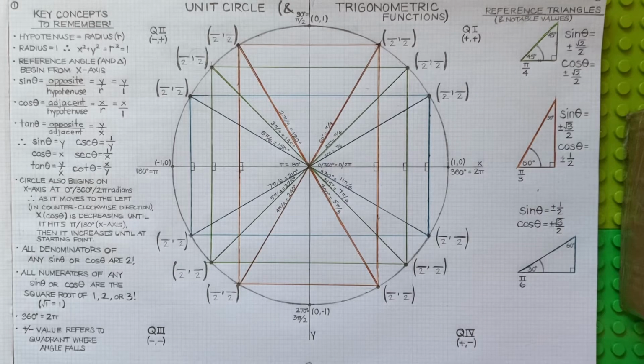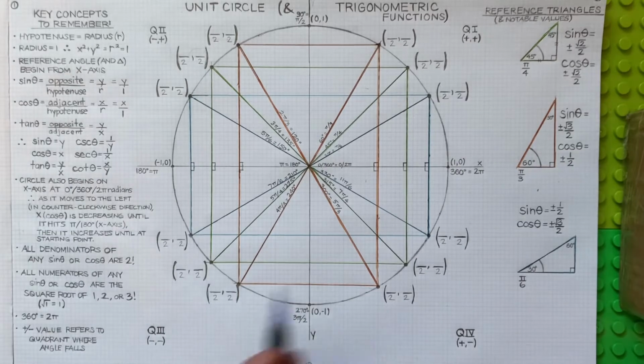Now we need to figure out what the numerator will be. So one thing to remember is the numerator for any of these sine or cosine angles of 45, 30, or 60 degrees will either be the square root of 1, 2, or 3. Now, the square root of 1 is 1, so we don't actually have to write the square root sign for that.